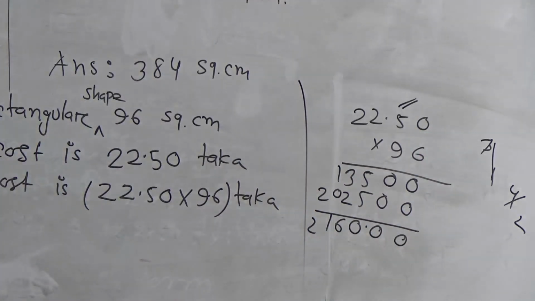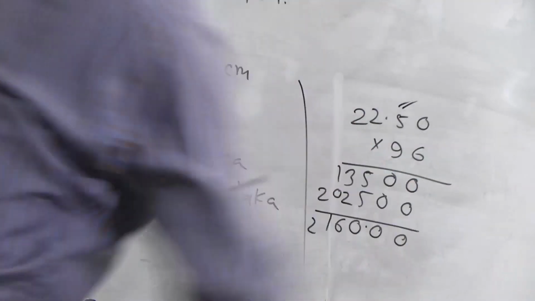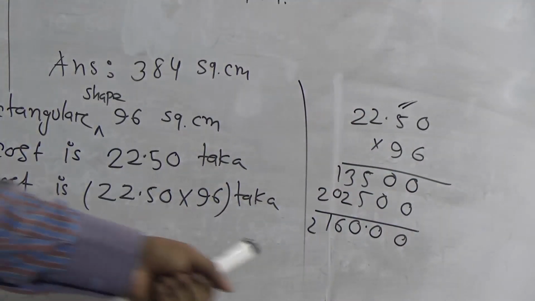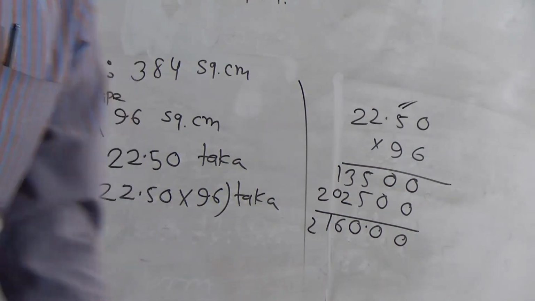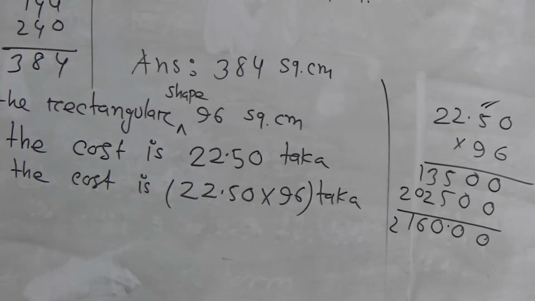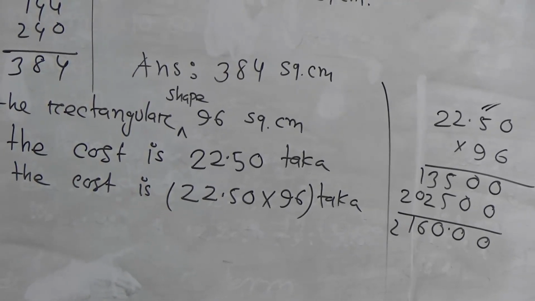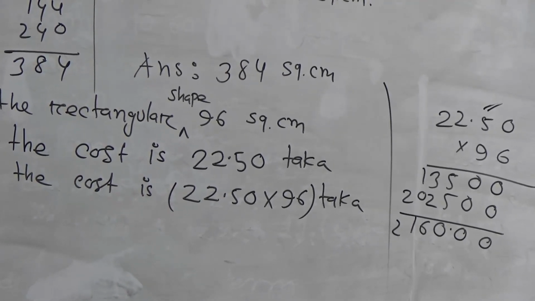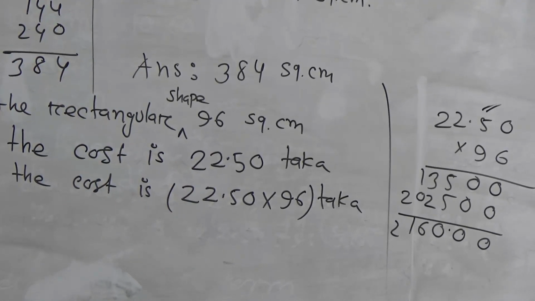Dear student, I think you have multiplied yourself. After multiplying, you get 2160. I hope your multiplying is finished.